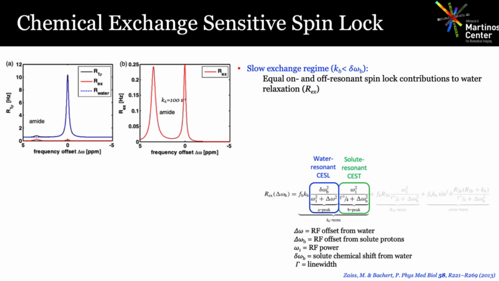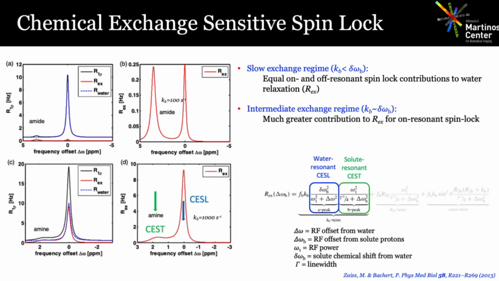So there's no good reason to do the on-resonance because there you see all exchangeable protons. But if you go to higher exchange rates, the intermediate exchange regime, so here it's about 1,000 per second, you get a much bigger contribution to the water relaxation from exchange from the spin lock versus the off-resonance saturation.